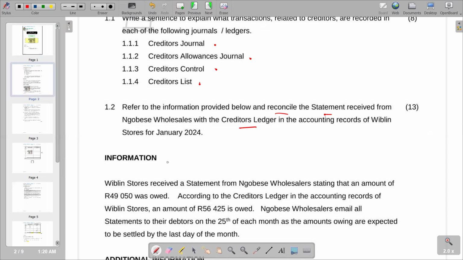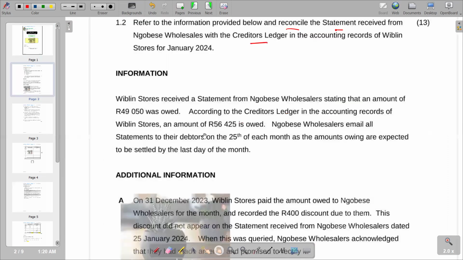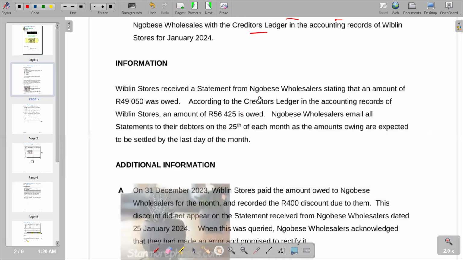Then we are given the information. Wimbledon Stores received a statement from Cobe Sellers stating that an amount of 49,050 was owed. So 49,050 is the amount reflected on the statement coming from the sellers. Remember, we are buying goods as a business from these sellers, and they sent a statement showing that Wimbledon Stores owes 49,050.